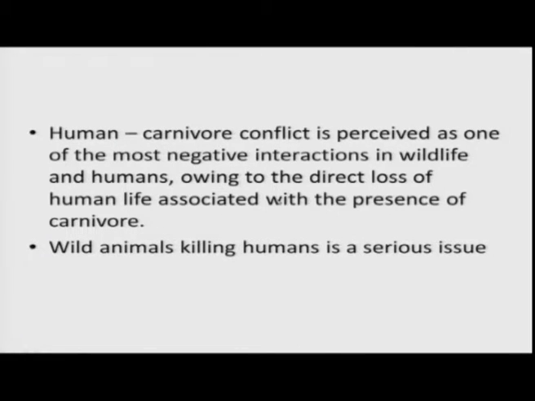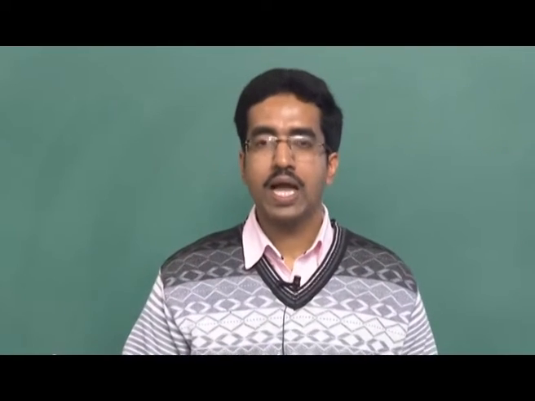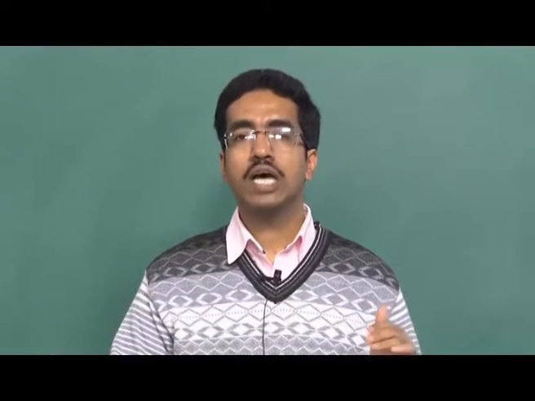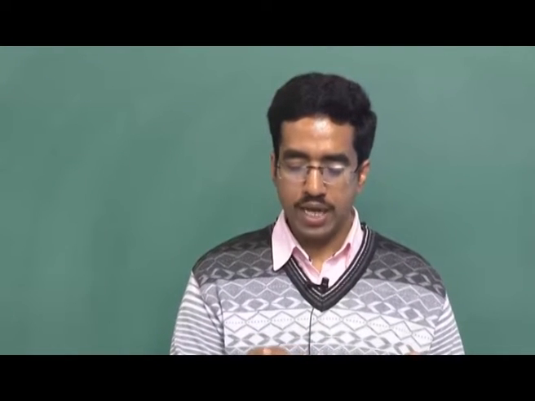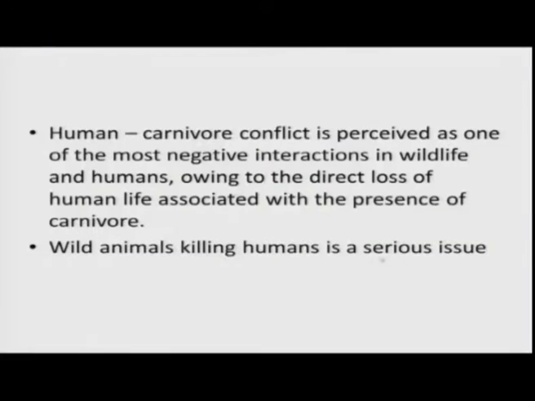You will see here that the sentence is quite long, the language is too formal, and there are many technical words. So, you skim through it, and if you delete all the unnecessary details, the essence you can capture is something like this: wild animals killing humans is a serious issue.